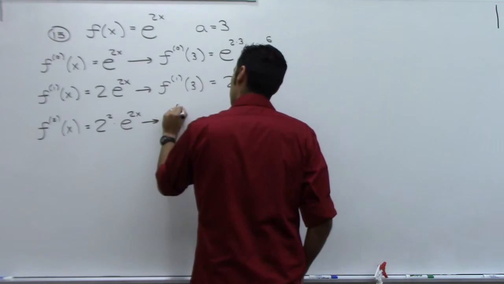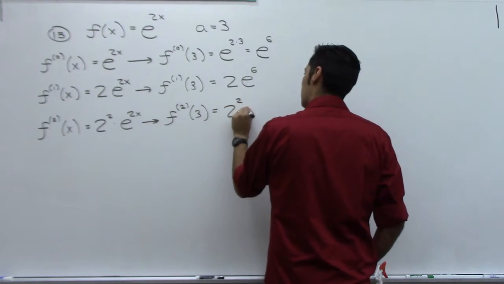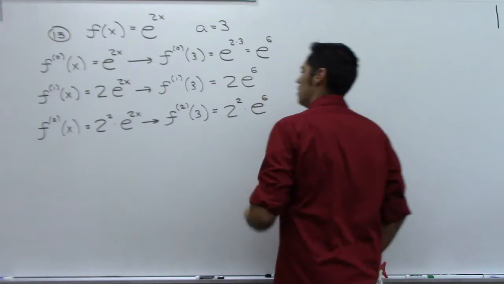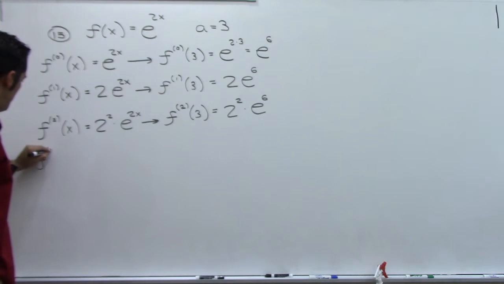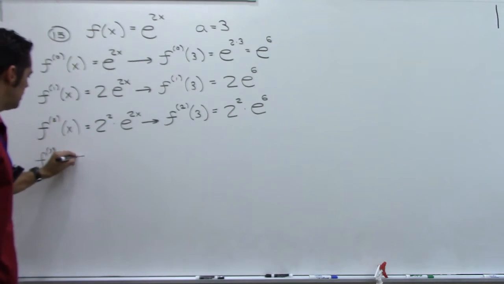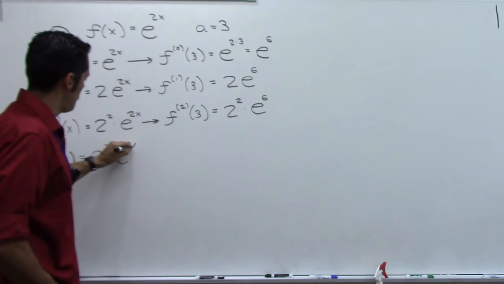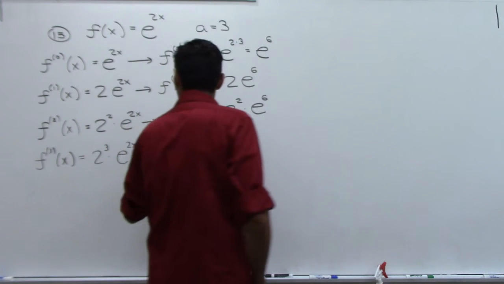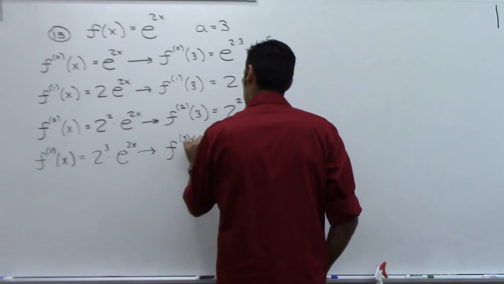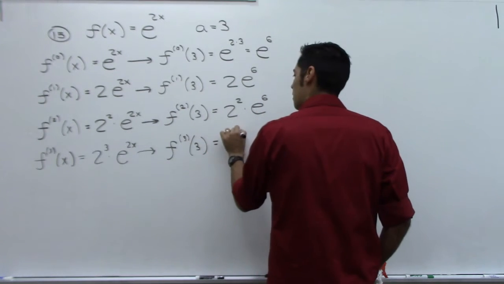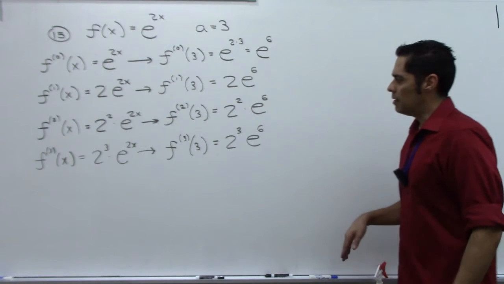And the second derivative with 3 plugged in will just be 2 squared times e to the 6th. And then the third derivative, this one's actually going to work out pretty clean. I'm going to get 2 cubed because another 2 pops out. And then when I do the third derivative at 3, I get 2 to the third e to the 6th. And then I keep doing this.